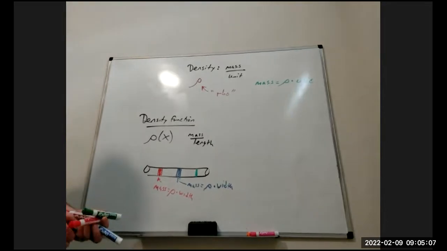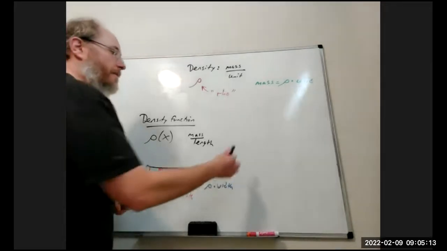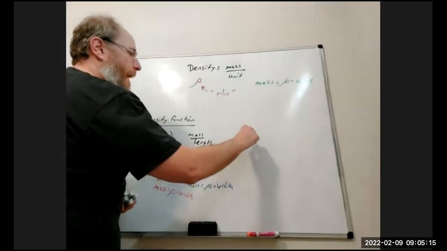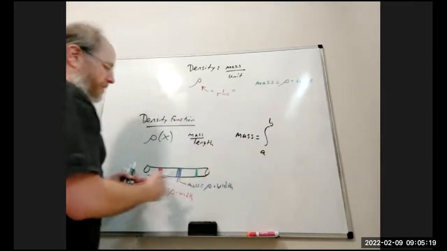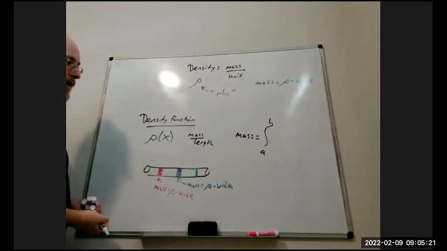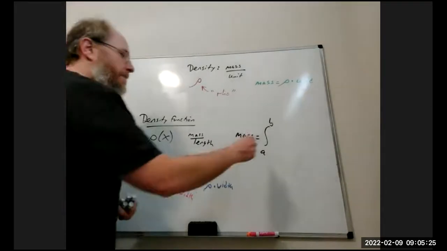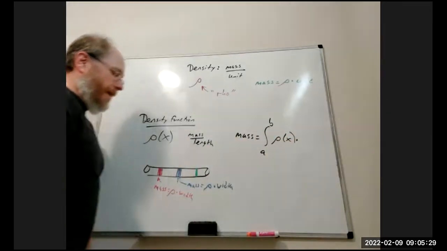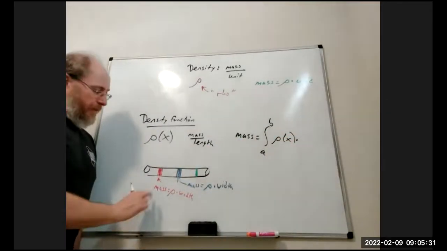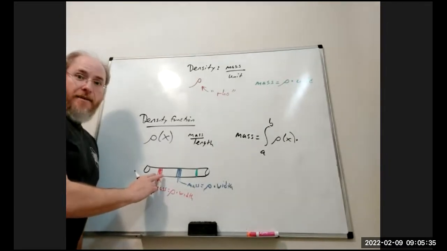So here's where integration is used when we want to find the mass of an object. If we've got its density, it turns out that the mass is going to be the integral from A to B, wherever our endpoints are. We're going to integrate that density function times its width. Well, the width is a little chunk of x, it's a delta x.